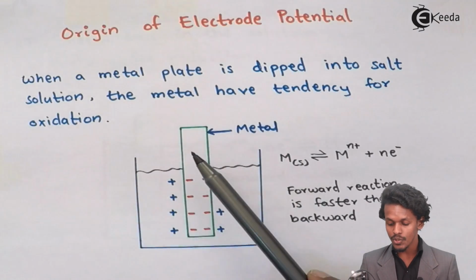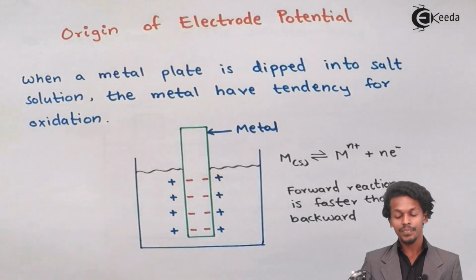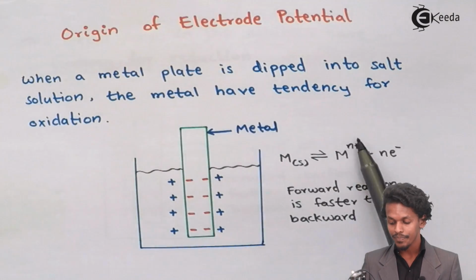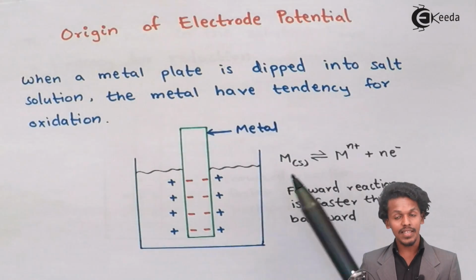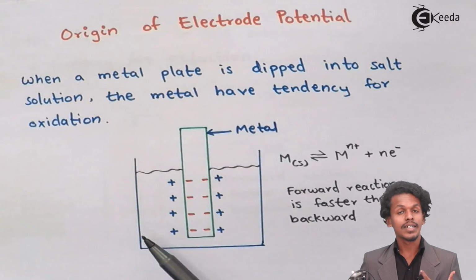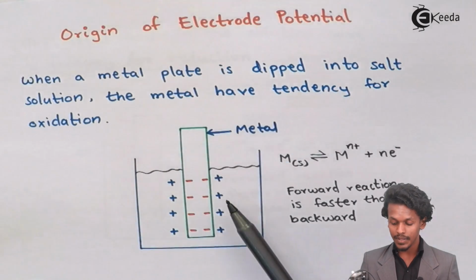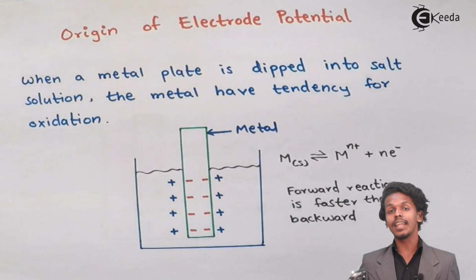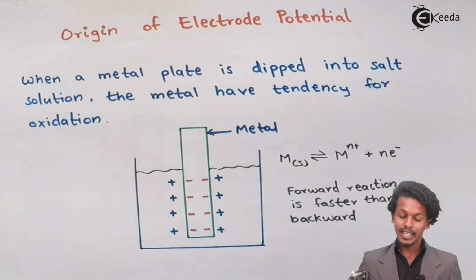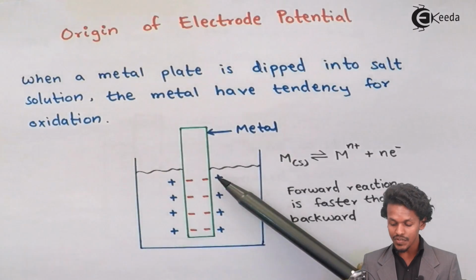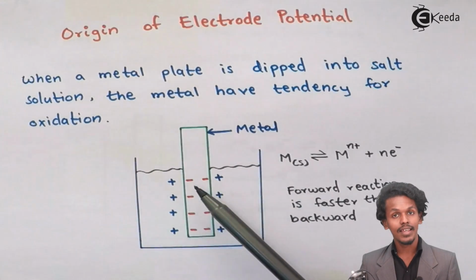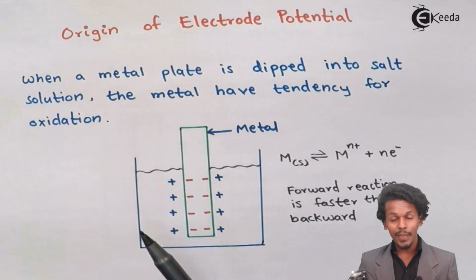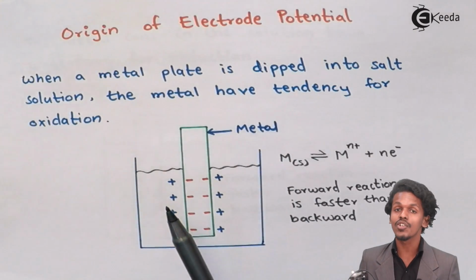During oxidation, the electrons are left within the metal, while the Mn plus ions are dissolved in the solution. This will create a potential difference. How? The solution will have a positive charge, while the metal will acquire a negative charge. This makes a difference in the generation of a potential.